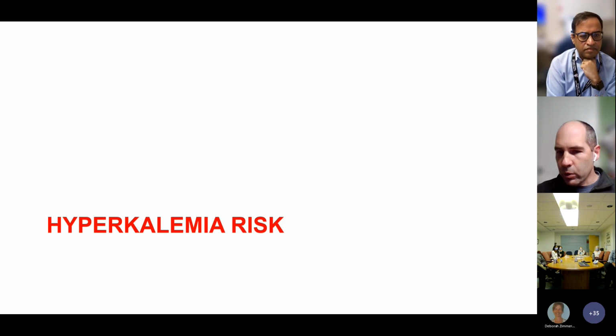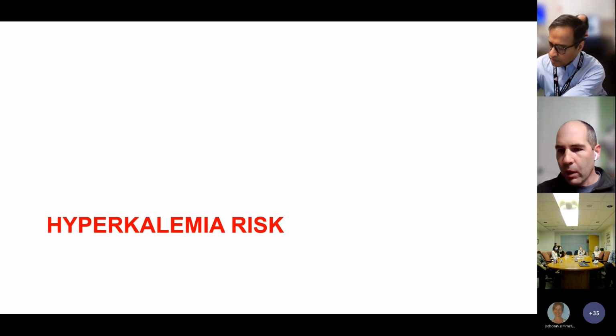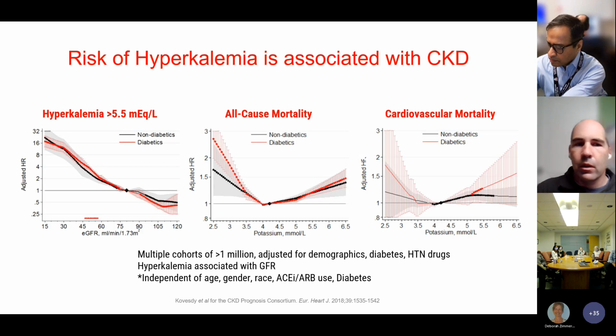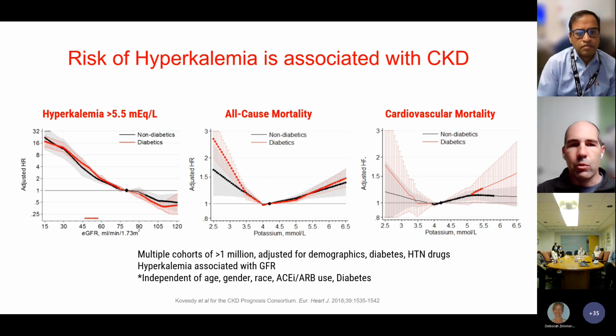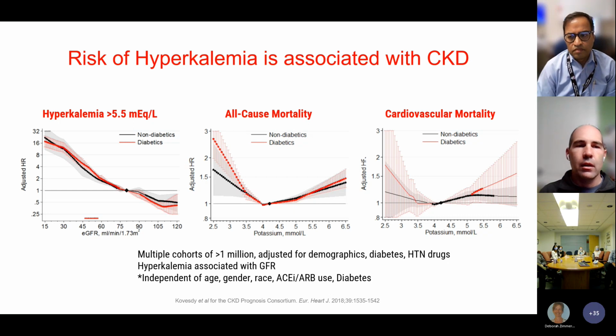And I'm going to just close with a few more slides, and I might fly through a few of them because you already know some of this stuff. Hyperkalemia is bad. People with lower GFR, higher risk for it. It also predicts mortality. And the one thing I'll emphasize on these slides is that the risk is actually greater at low potassium than it is with higher potassium.